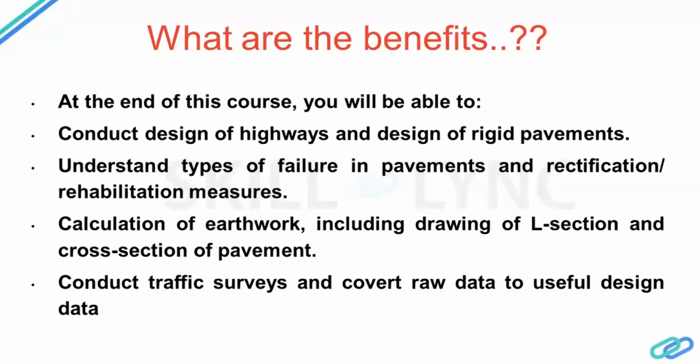Why? It's not just because some people might say the rains are not that heavy. No, the rains are very heavy in those parts as well, but they have a proper grade maintained. The water goes to one specific area which they've designed, the low-lying area of that city, and that is all contributed by a proper grade provided to the roads. So L section is the longitudinal section, cross section is the transverse section, showing how the pavements will be designed.